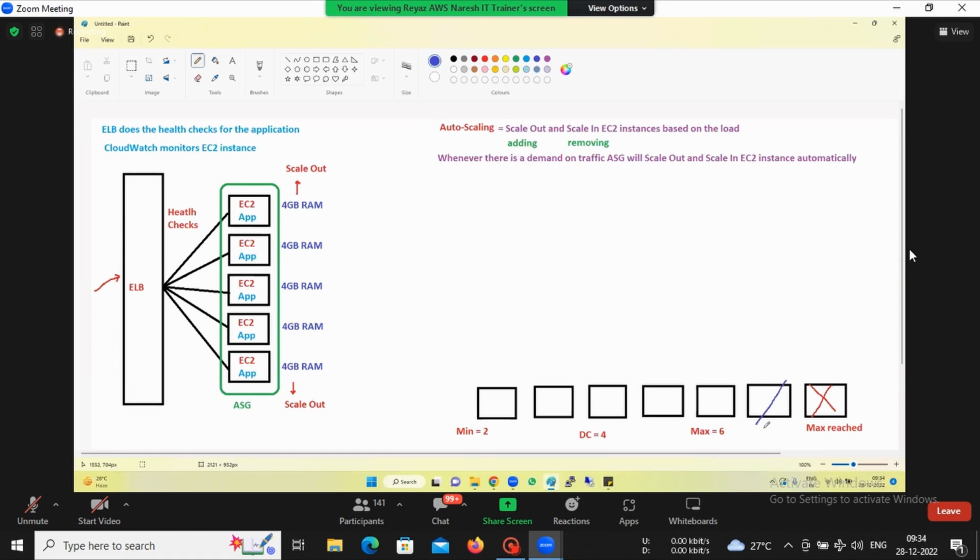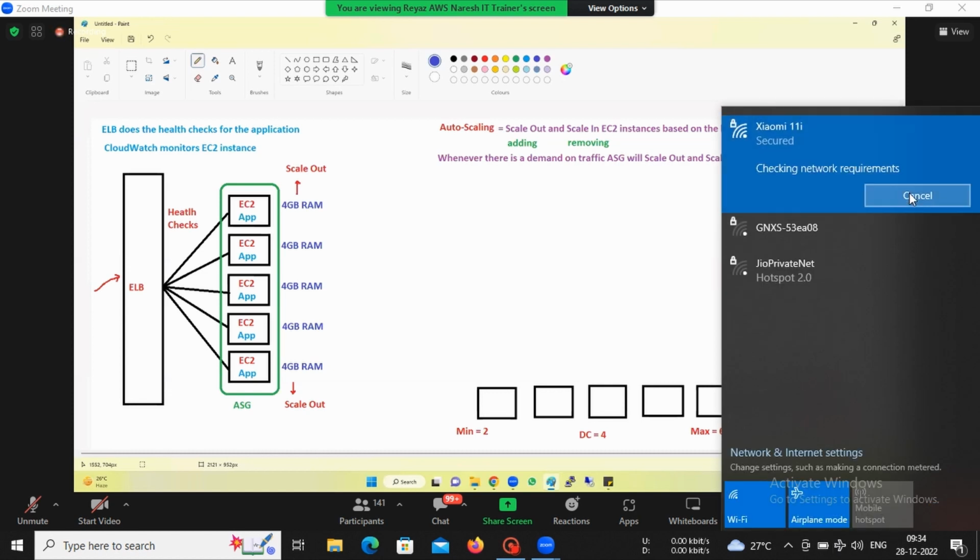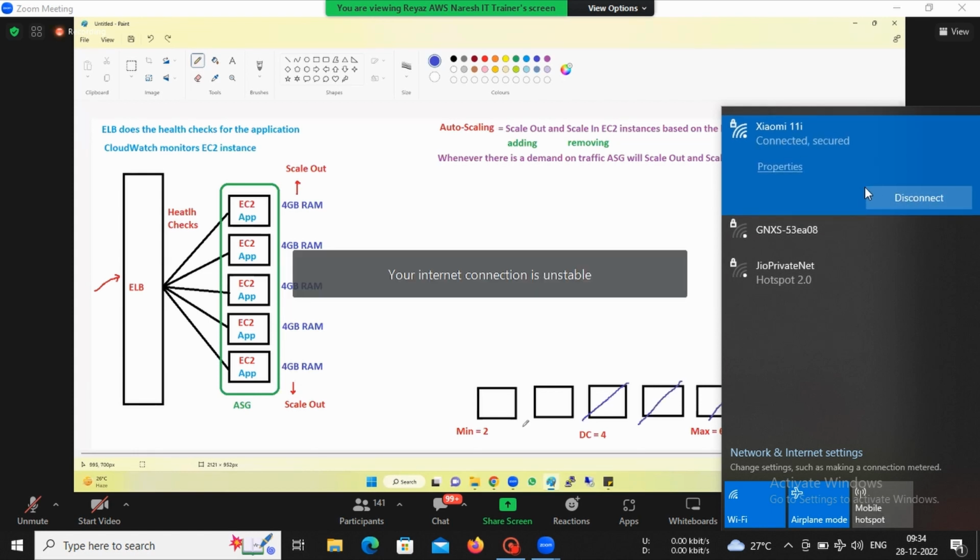How many EC2 instances are there? 2. So these minimum and maximum are boundaries.